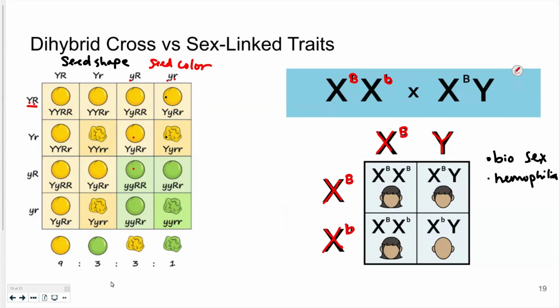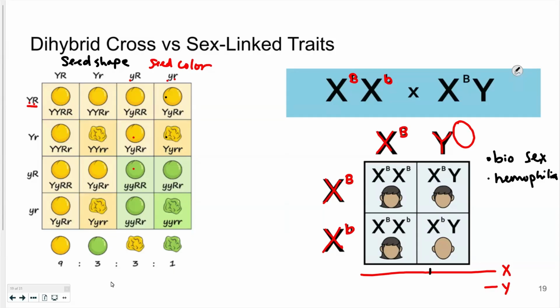Okay, what we do not see is this Y chromosome does not get a big B or a little b, because when we remember when we were looking at the X chromosome that had this really long piece of information, the Y chromosome had little short pieces of information.